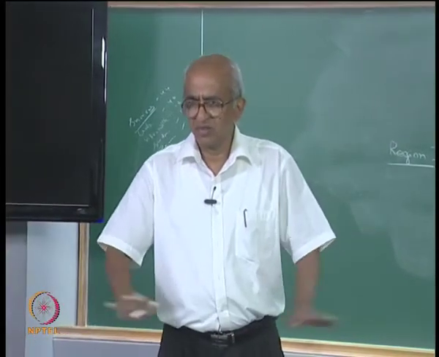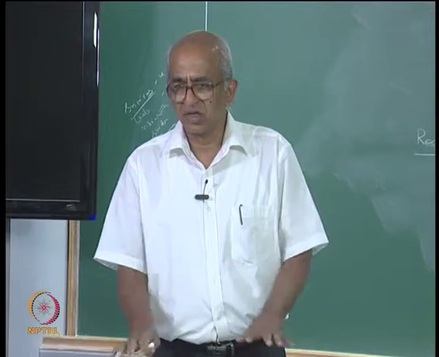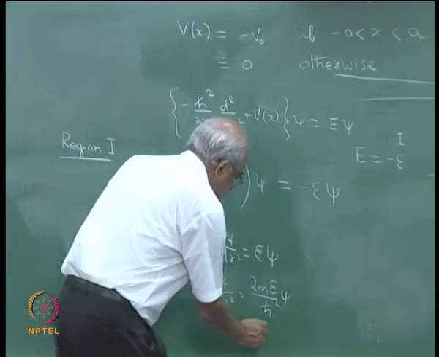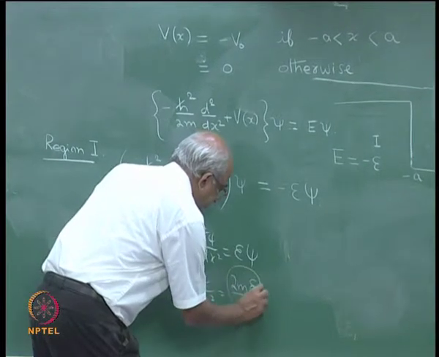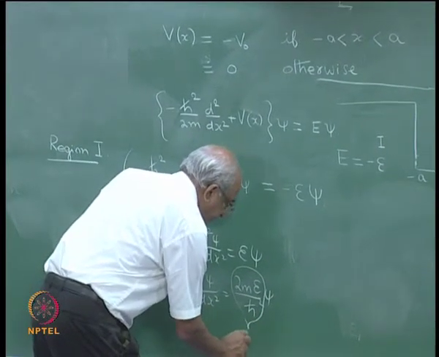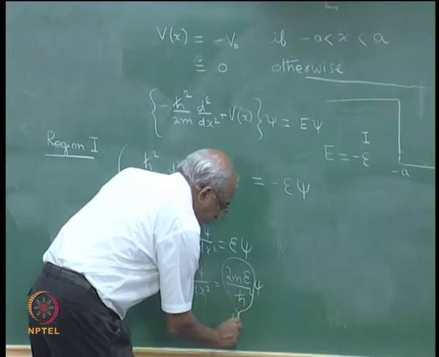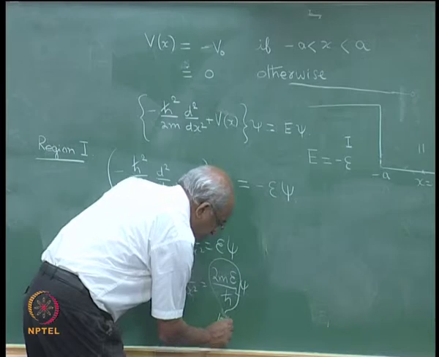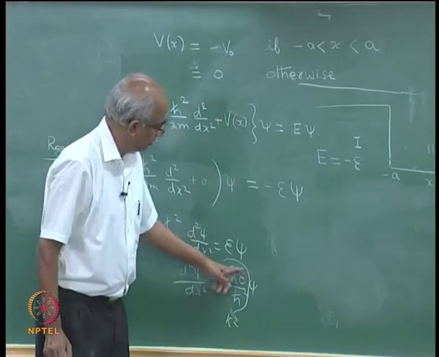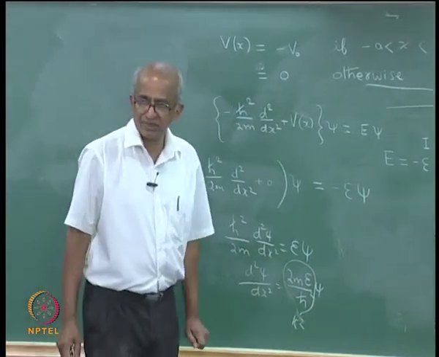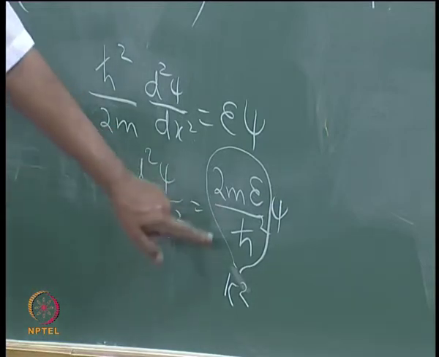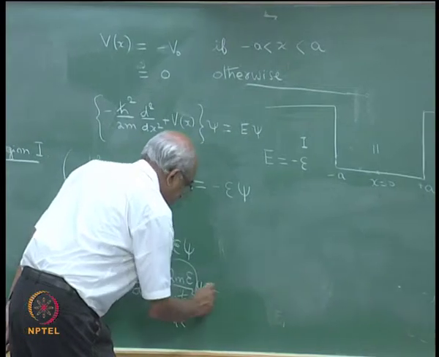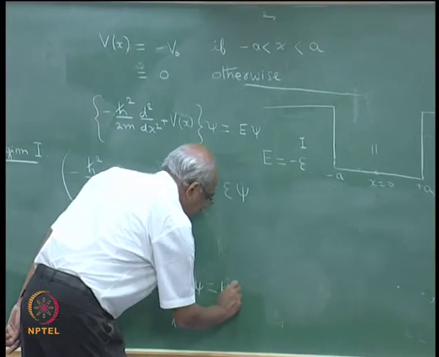Epsilon is a constant because it is related to the total energy of the particle. As usual, we do not want to be writing this object again and again, it is very inconvenient. So introduce something which I may refer to as kappa, such that the square of kappa is equal to 2m epsilon by h cross square. So d square psi by dx square is equal to kappa square psi.